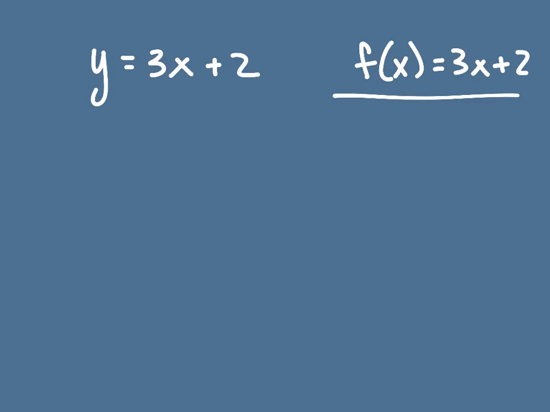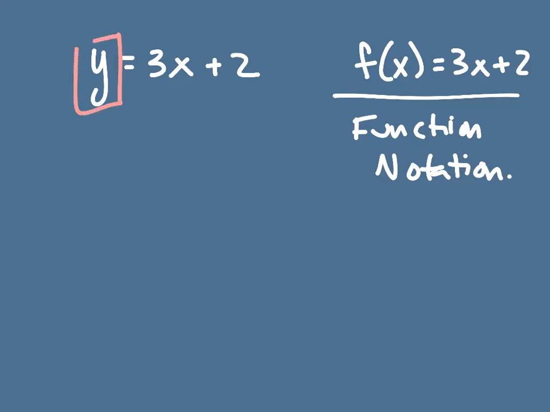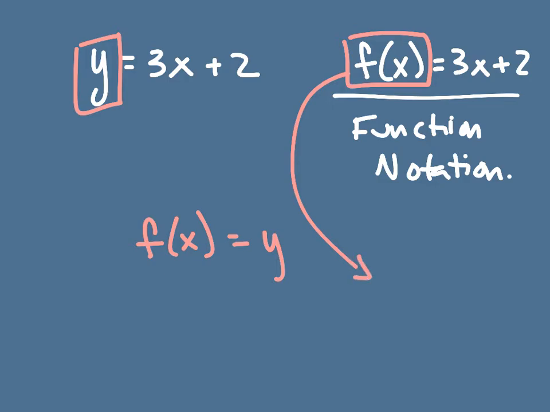This is in function notation. They really mean the same thing, they're just written differently. The y value and the f of x value are the same thing. So you can say that f of x is equal to y, and when you write f of x, that's simply just a y value.